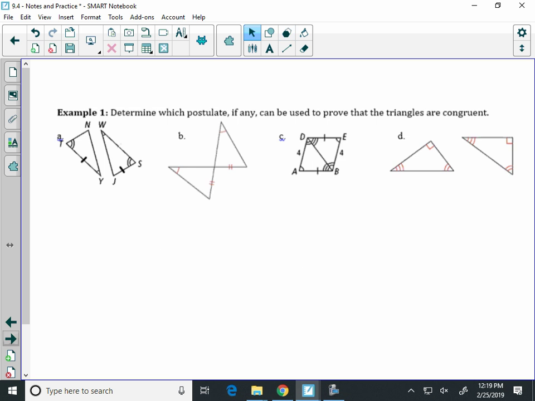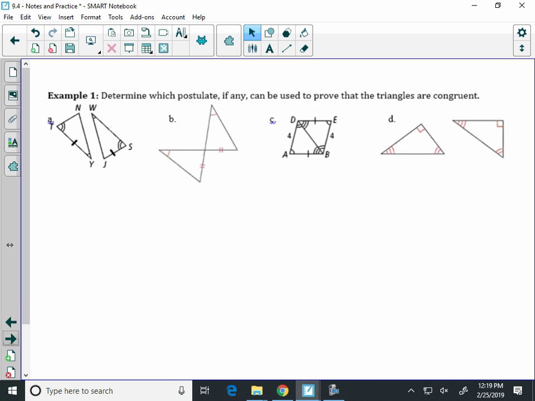So let's look at some examples of trying to determine what shortcuts we can use. We take a look at A. I have an angle, a side, and an angle. Do I have that same exact pattern in the other triangle? I have an angle. Do I have a side next to that angle?